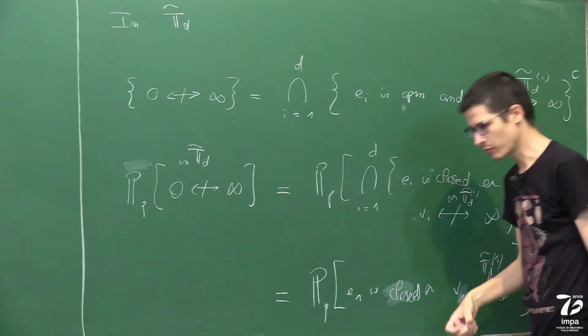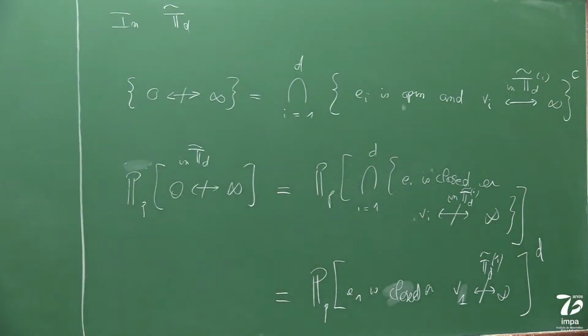So let's compute this probability. I have a union, and it's not very practical because I have independent events. So what I'm going to do is rewrite this as a disjoint union.